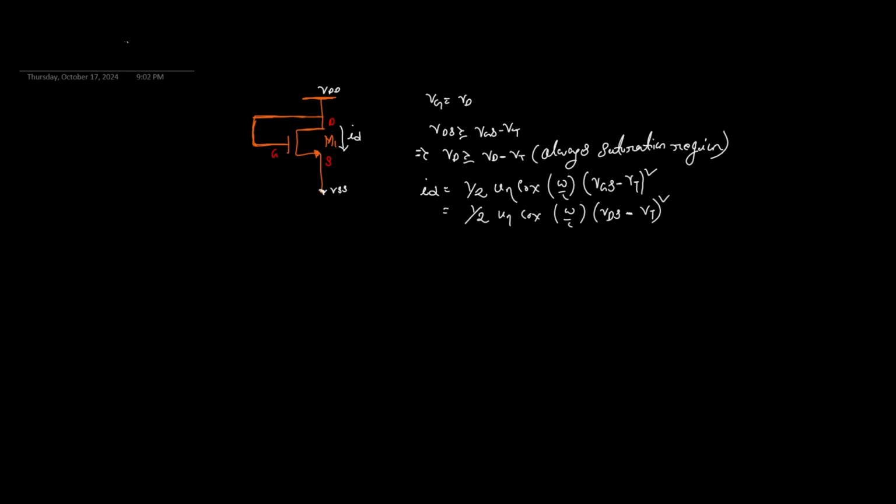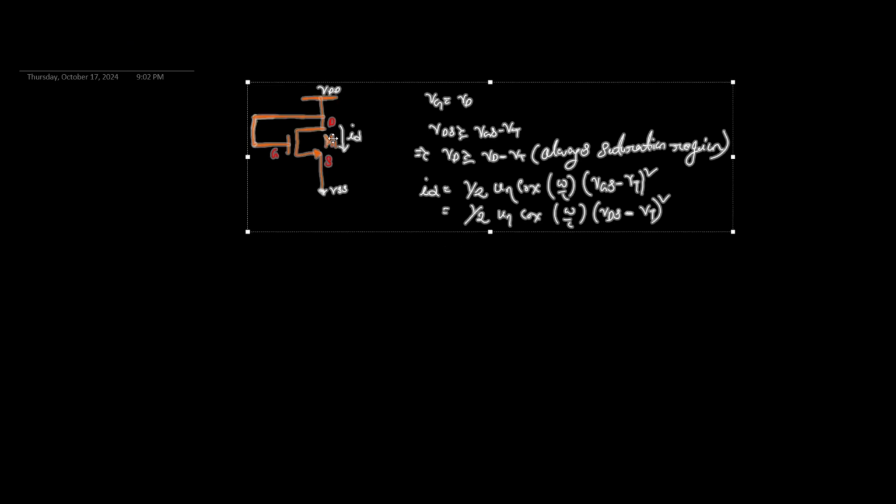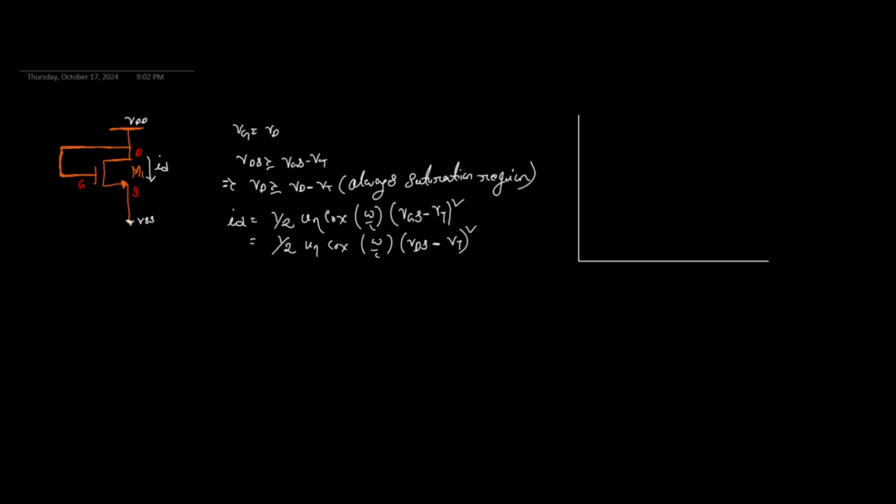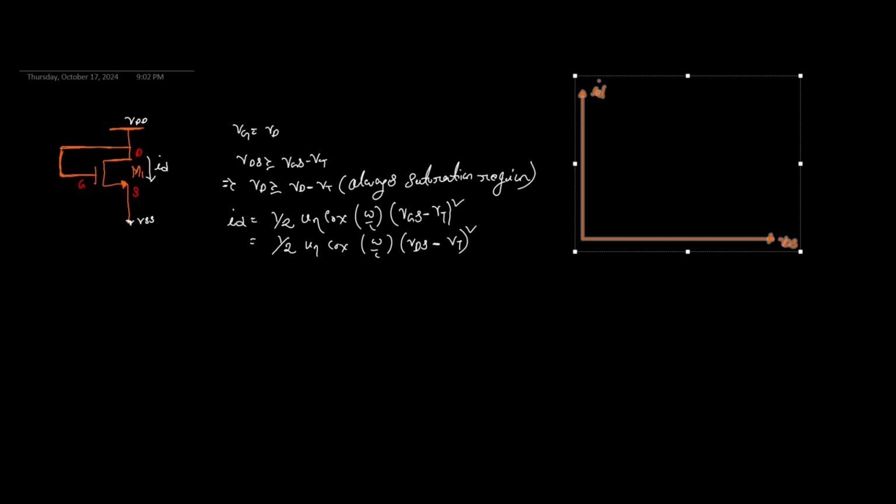So what will be the ID versus VDS? On the y-axis this is ID, and on the x-axis we can say that VDS or VGS, both are the same. So the curve looks like that.